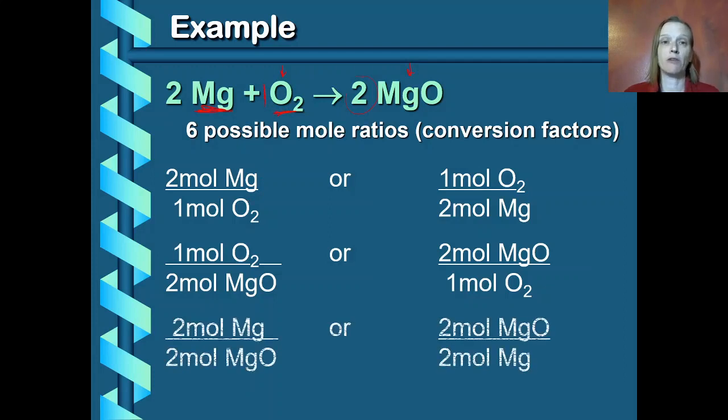The last pair of mole ratios relates the magnesium to the magnesium oxide. 2 moles of magnesium result in 2 moles of magnesium oxide, or 2 moles of magnesium oxide come from 2 moles of magnesium. So with these mole ratios, we're just using these coefficients as shown in the balanced chemical equation to create the mole ratios.